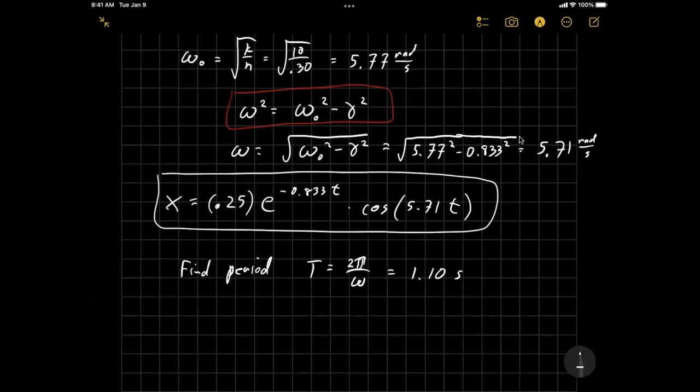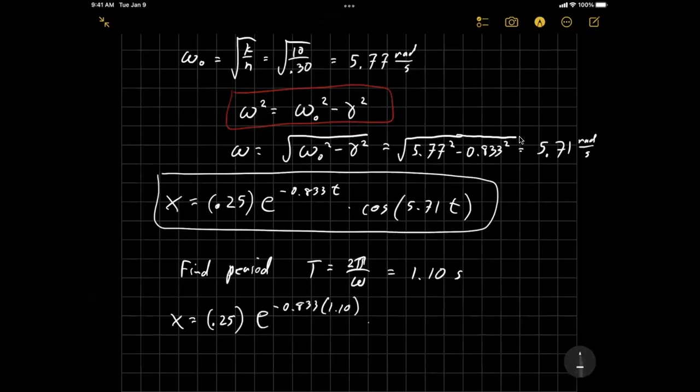Now, if I want to find the height at that time, I just take my formula for x and I put in the numbers. And if I'm doing exactly one period later, the cosine part of that shouldn't matter. We just need to figure out how much the amplitude drops off one period later, and that's the decay part of this. So it's 0.25 e to the negative 0.833 times the period, 1.10 seconds, and we'll be at 2 pi for the cosine part because it's a cycle later.